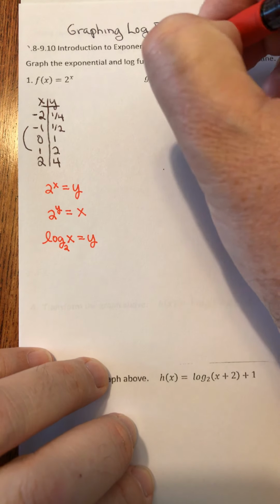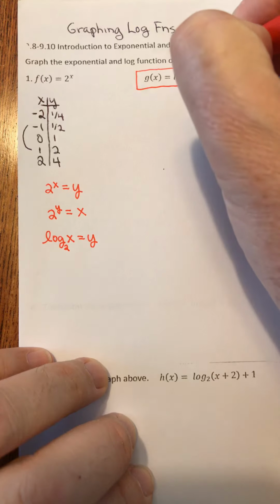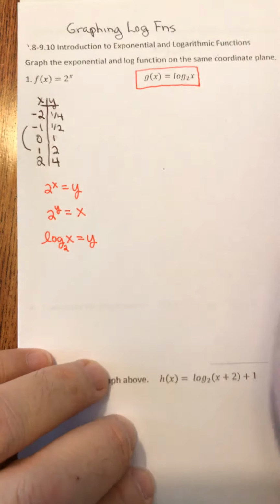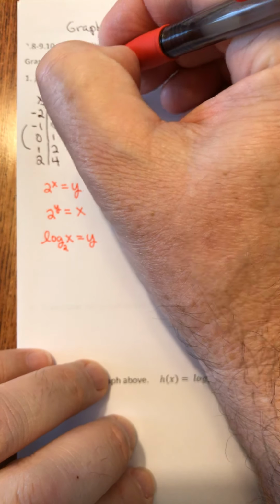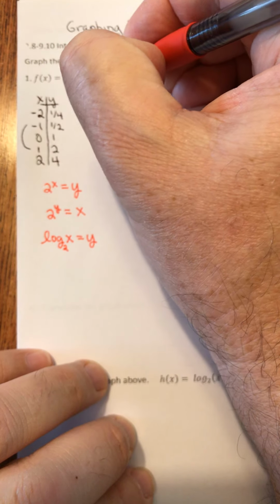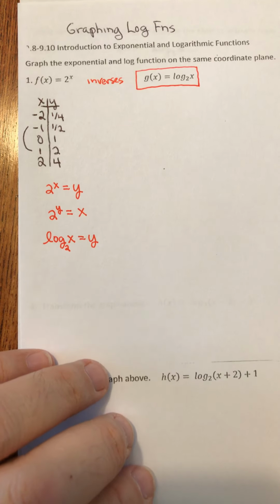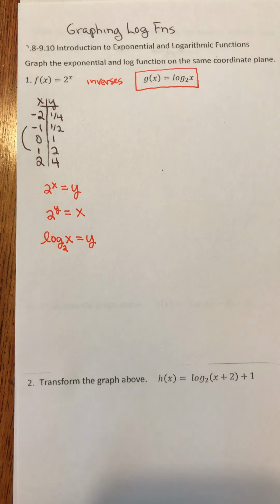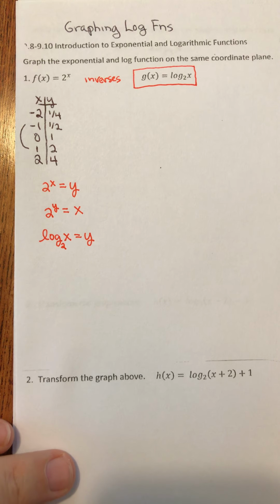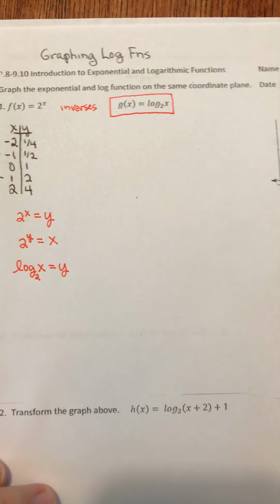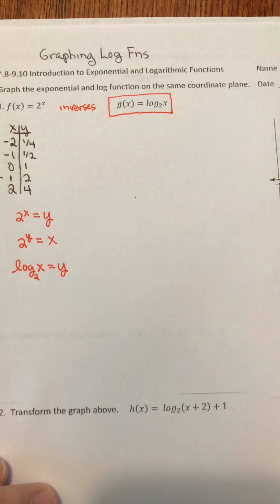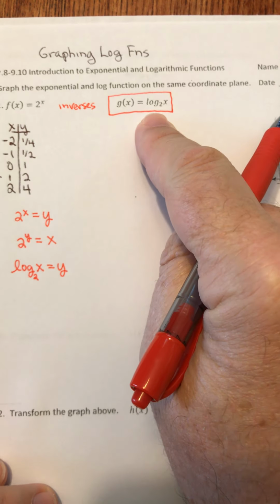and you notice that's the same thing as this. So these two functions are inverses. And if we take a look at the graph, then we should see that they are a reflection over the line y equals x. So how do we graph this right here? Well, it's difficult to do this in this form.